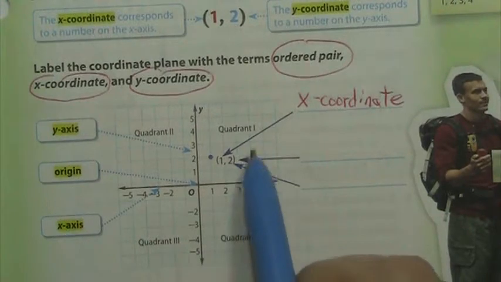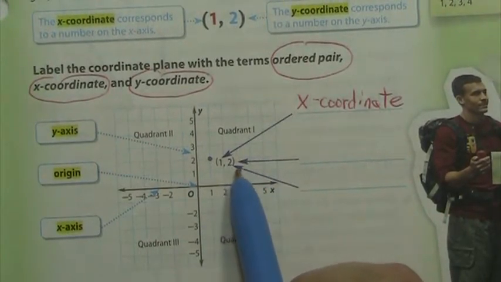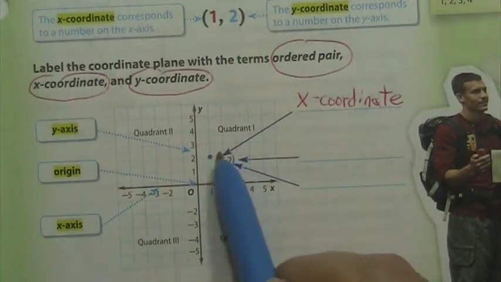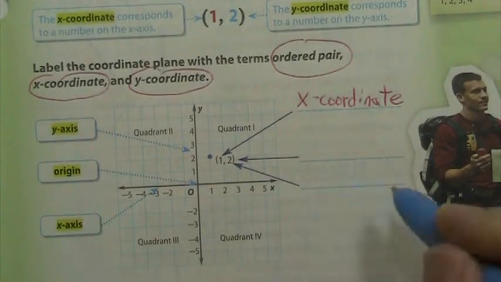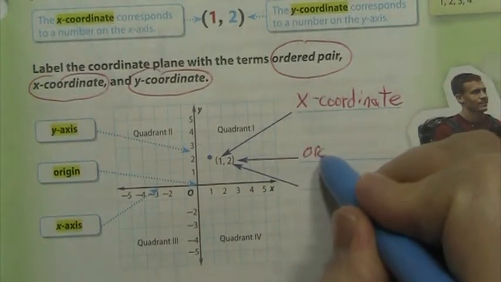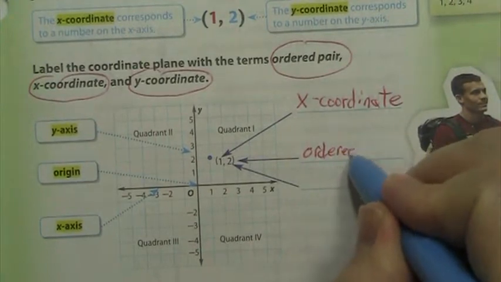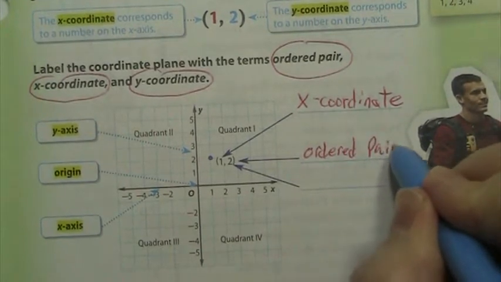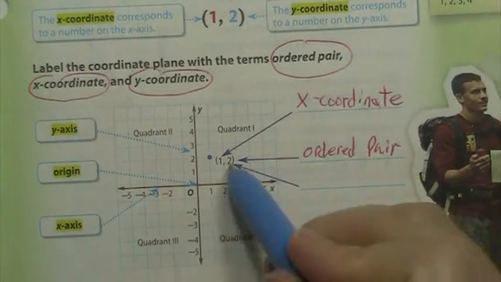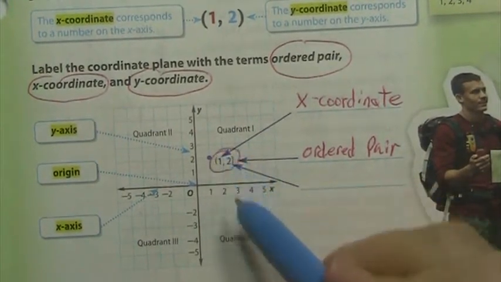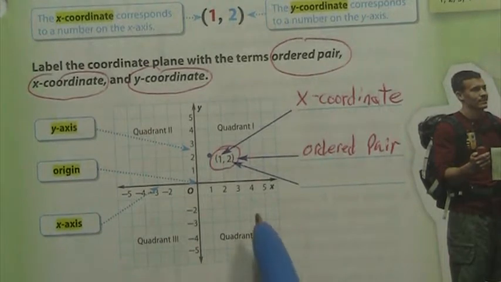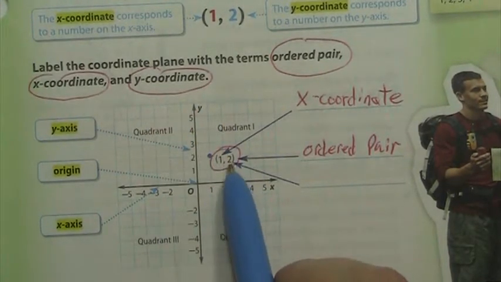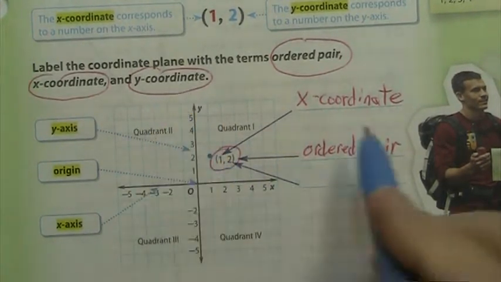All right, what about this? Oh, the whole thing. The whole thing is called an ordered pair. It's like an address. And the other one, the 2 right there, is the y-coordinate.